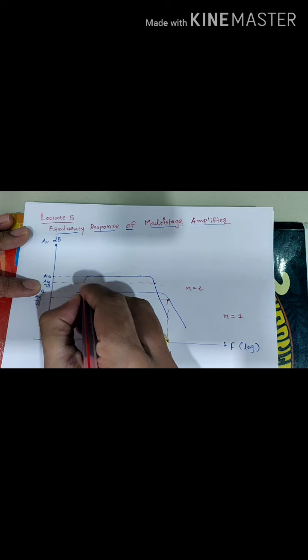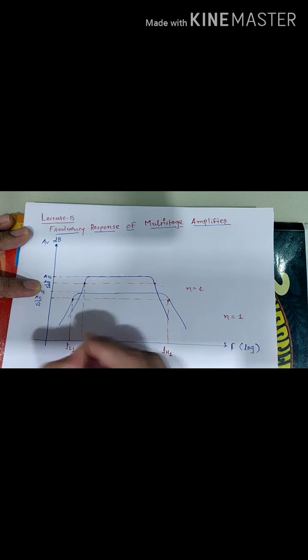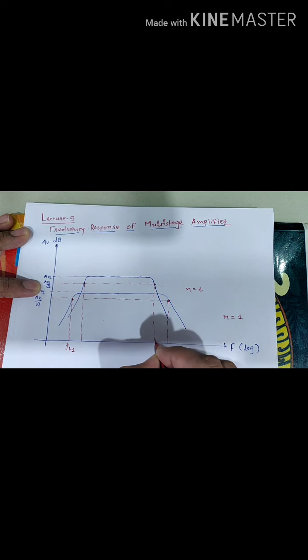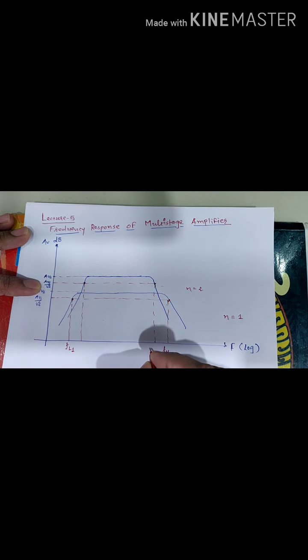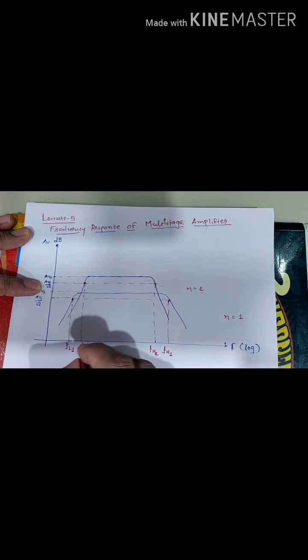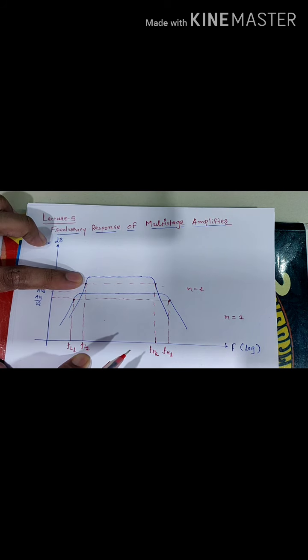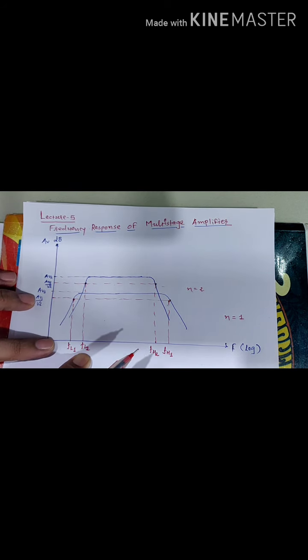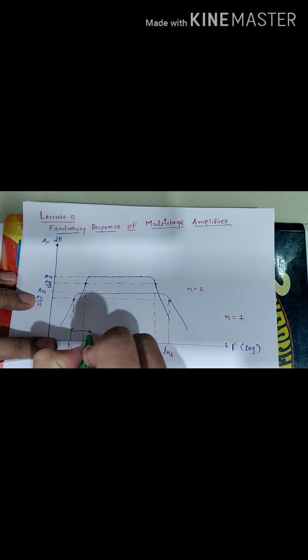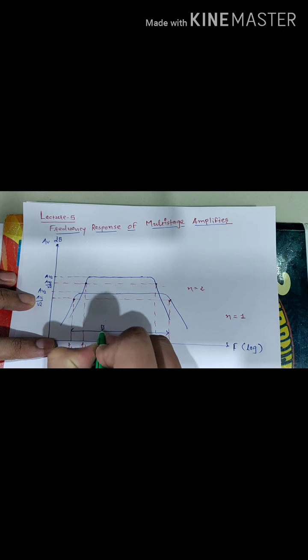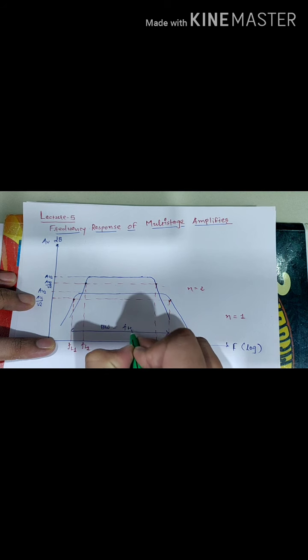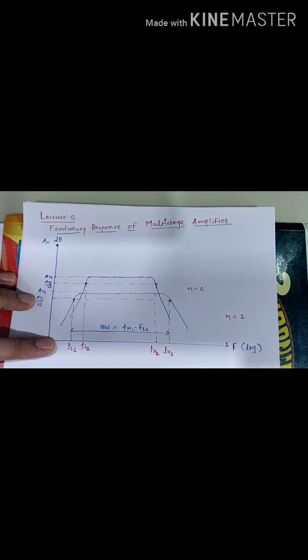Now we take the intersection of this response with the x-axis, and we get new cutoffs. We name this FH2, the higher cutoff after the second stage, and this is FL2, the lower cutoff after stage 2. The bandwidth is nothing but the higher cutoff frequency minus the lower cutoff frequency.